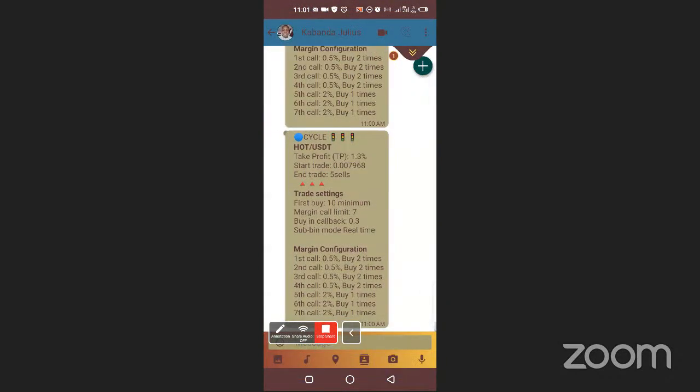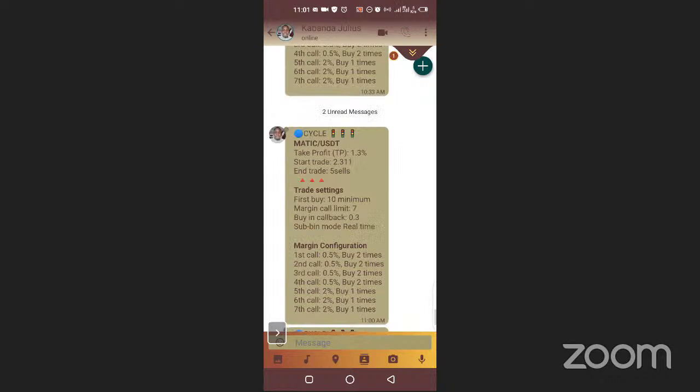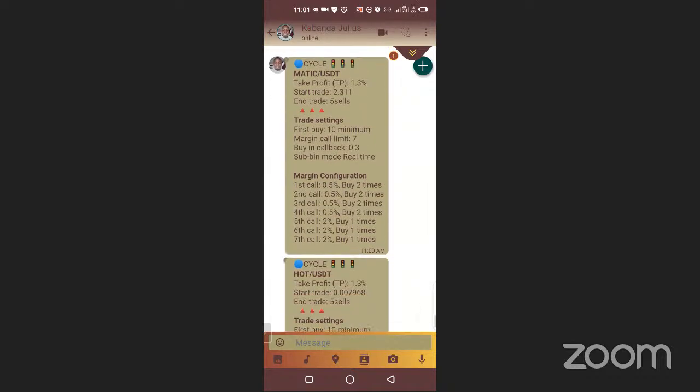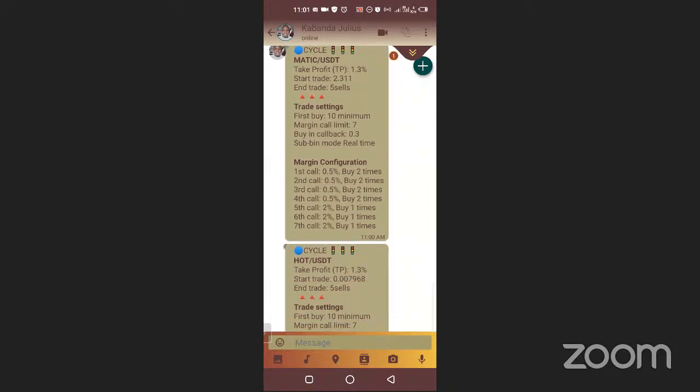That's another. Okay, so these ones have just been released. Hot stroke USDT, and Matic stroke USDT just released right now from a group I'm on, right? Right now, it's 11:01. Now if you see the signal right now, I need to sell them.